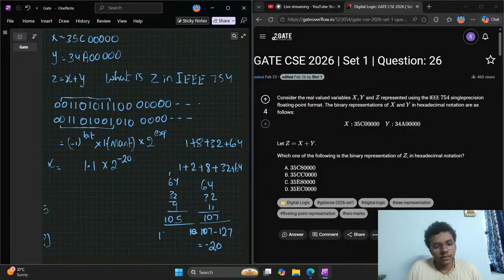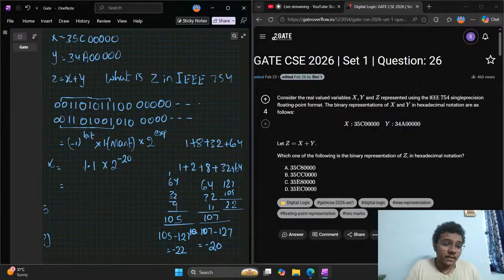So if you subtract 105 minus 127, how much is that? God, 22. So that is going to be minus 22. And again, this is going to be the mantissa, 1.01 into 2 to the power of minus 22. This is going to be y.